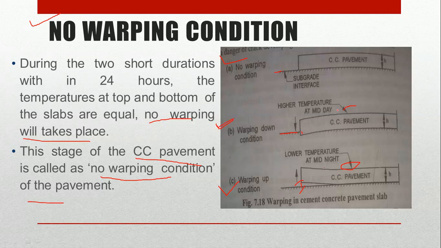Warping down we can expect in the daytime, warping up we can expect in the night time of the pavement here. When there is no temperature variation between the top and the bottom level, or the temperature in the top and bottom level are the same, we consider it as a no warping condition.